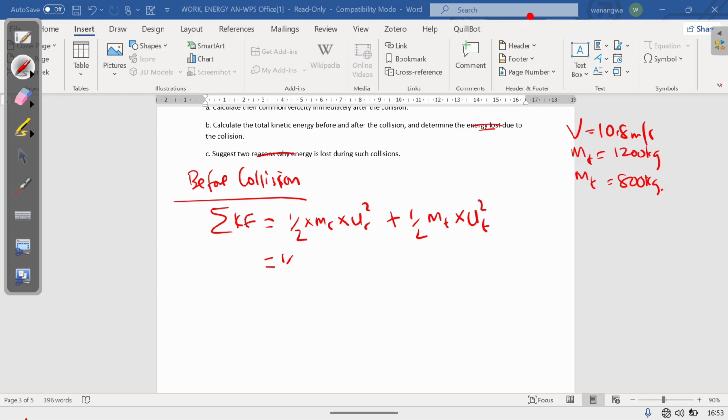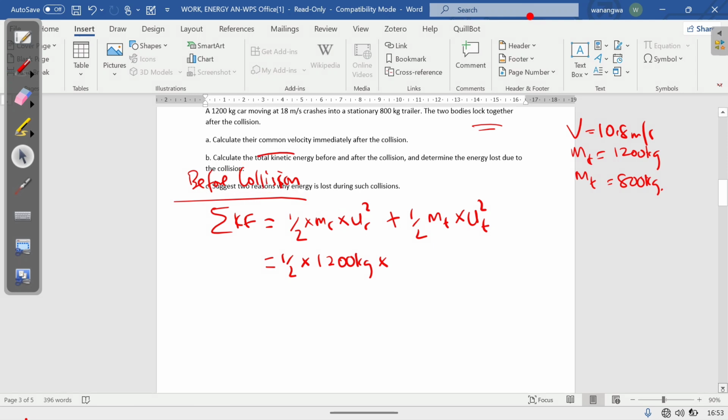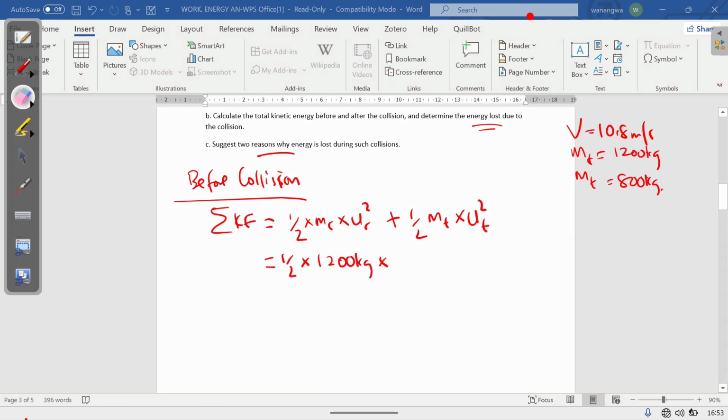That gives us half times 1,200 kgs multiplied by the initial velocity of the car, which we're given as 18 meters per second, squared.